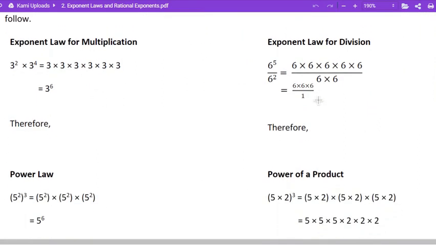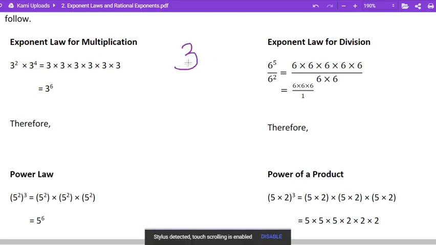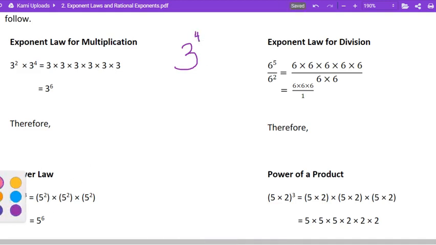So our first exponent law that we looked at was the exponent law for multiplication. First of all, let's remind ourselves of the terminology. So this little thing is called what? That's right. What is this thing called? You got it.